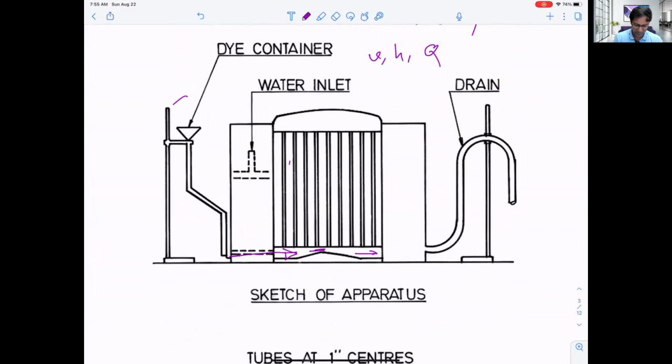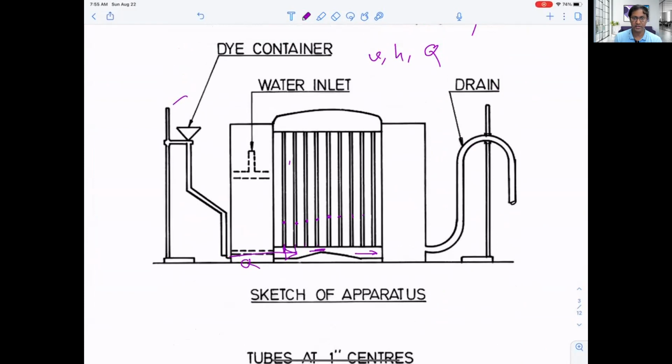And what is happening? We are just inserting some pipes, right? These are capillary pipes. We call it piezometer. So these pipes are narrow in diameter. Then what will happen if water flows from left to right through this pipe with variable sections? We inserted this pipe right here, here, here.